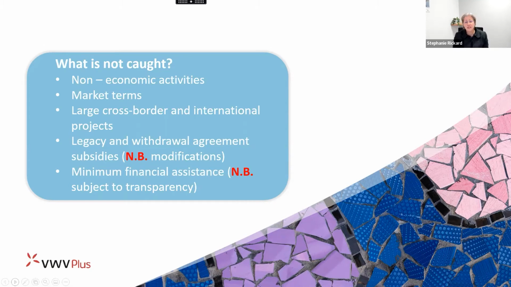But actually, when I did a search on the database, I did come up with a legacy scheme for UKRI Innovate, Research Development Innovation Scheme. And that's effectively a scheme which is applying the principles of the general block exemption. And so where you had subsidies that were granted under the old state aid regime, they are likely to continue, as are subsidies granted during the transitional period, and they're covered by the Withdrawal Act.